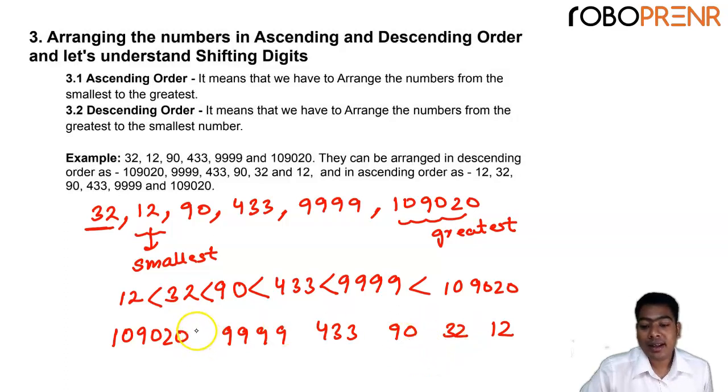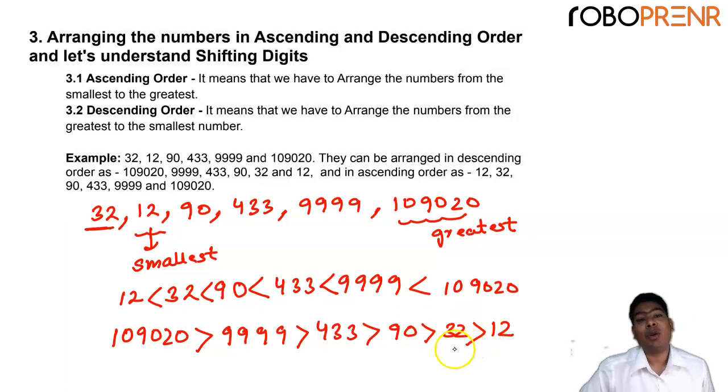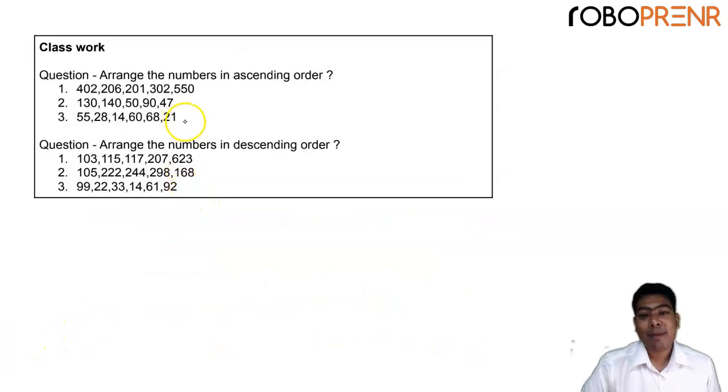So we can write this: 109020 is greater than 999, 999 is greater than 433, 433 is greater than 90, 90 is greater than 32, and 32 is greater than 12. Got it? Now let's take more examples to understand the concept.